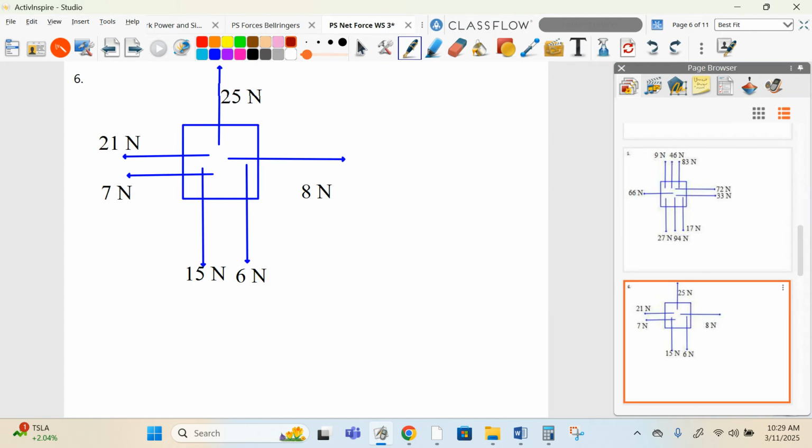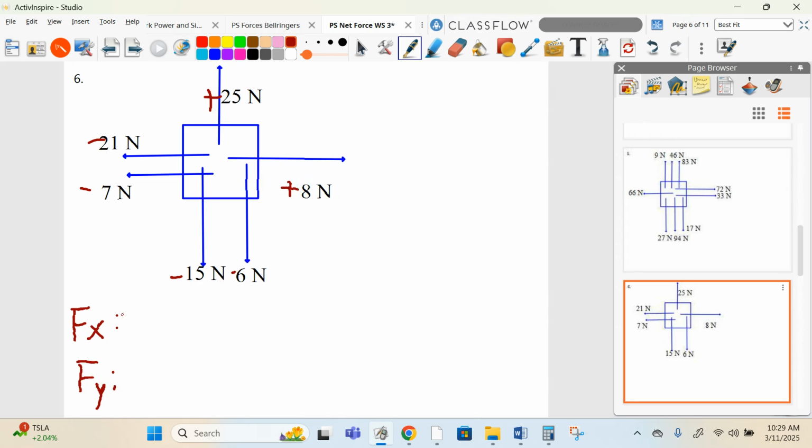But we're still going to go about finding the numbers the same way. I'll look at my x, I'll look at my y. If something is going in the positive direction, like up or right, I assign positive numbers. If they're going left or if they are going down, then I give them a negative number. So first up, I need to find out what is my total force in the x, what is my total force in the y dimension.